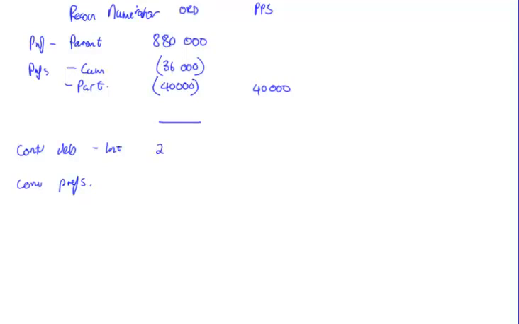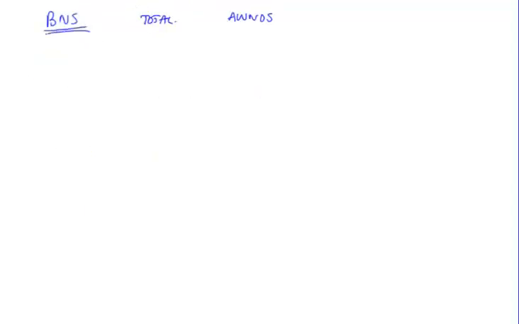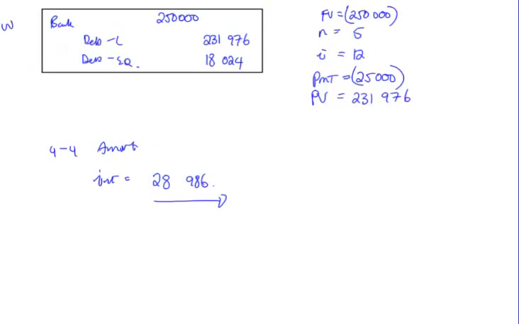So that's 28,986, and let's refer to it as working 1. We'll call what we did there working 1.